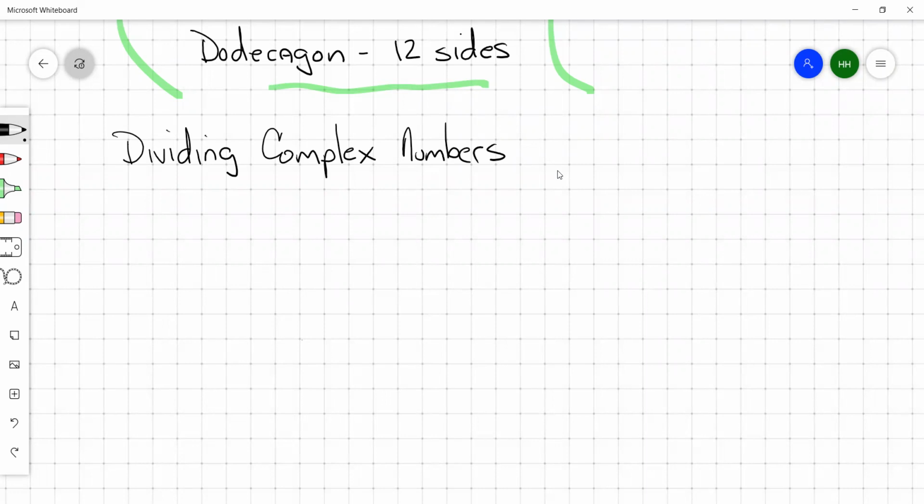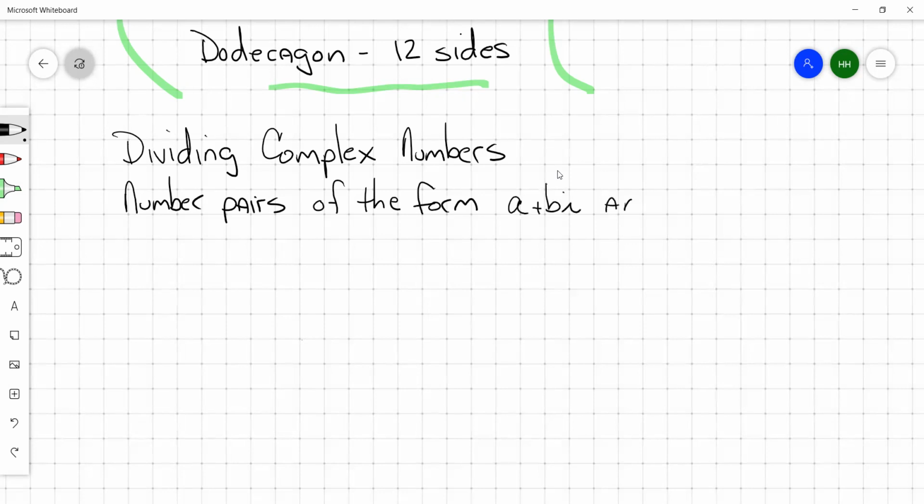All right, so we're gonna say this here, that number pairs of the form a plus bi and a minus bi are complex conjugates.